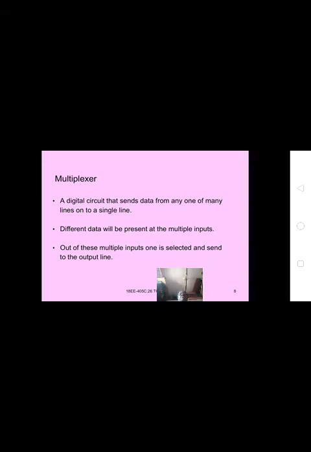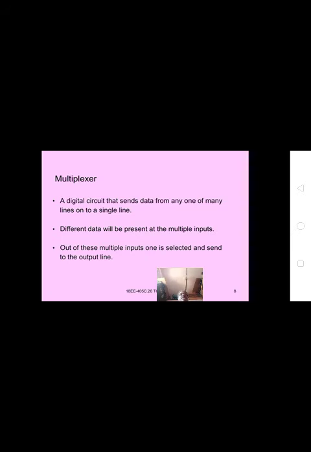That is, simple definition for multiplexer is many to one, many to single. In all these lines, different data will be present at different inputs, but it will give only one single output.